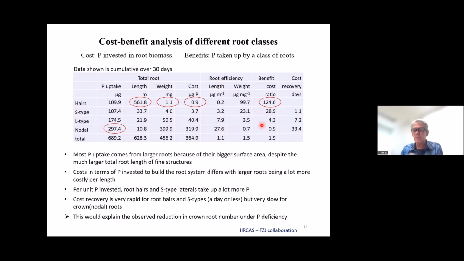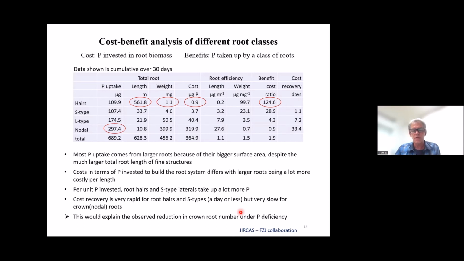We can also estimate cost recovery in terms of days. This is something relatively new and interesting: this cost recovery is very rapid for fine root structures like hairs and S-types, but very slow for crown roots. That may already explain one observation that we've seen in the field many times, that crown root number is the trait that is very strongly reduced under P deficiency in rice.